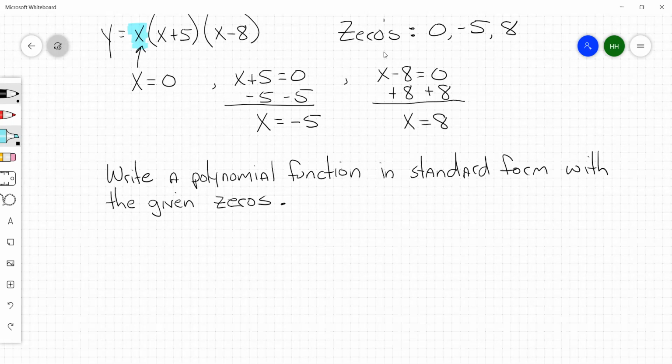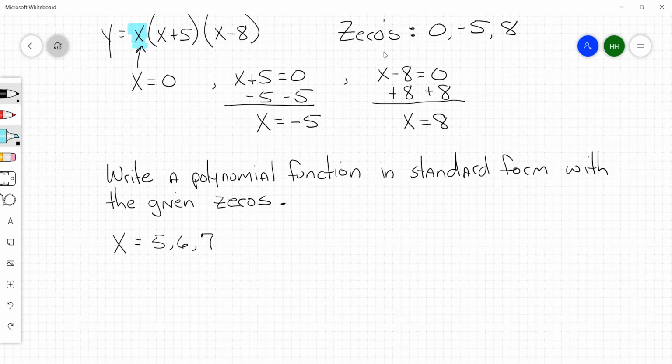So now you're going to be given the zeros, and you got to work backwards. So your x is equal to 5, 6, and 7. All right, those are your 3 zeros.